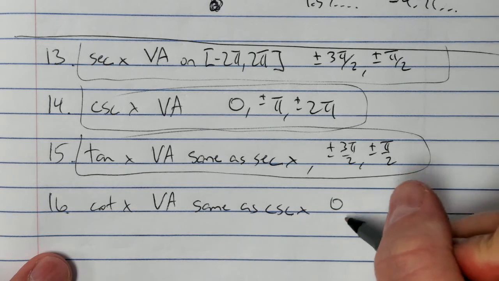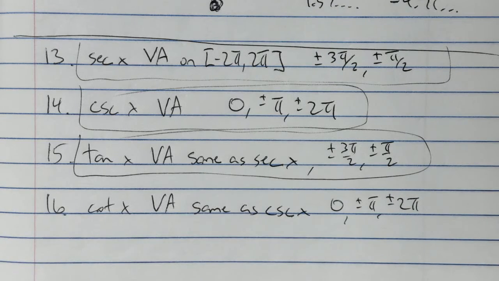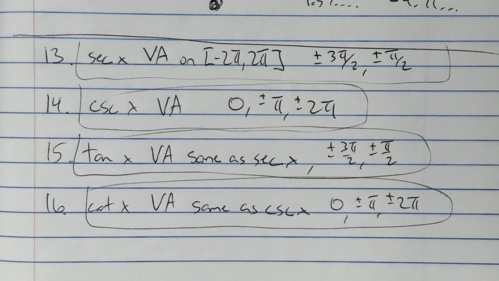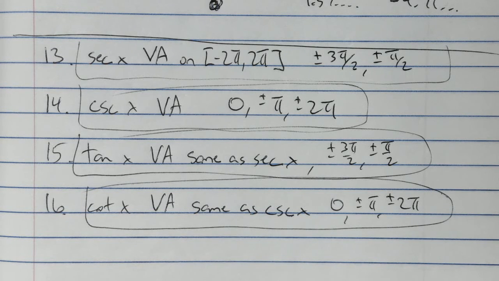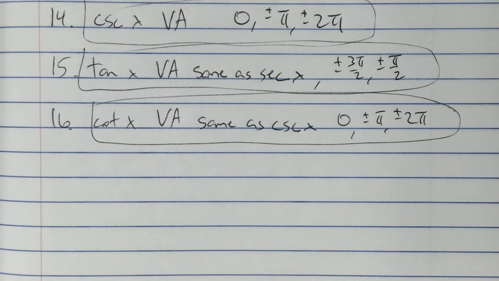So that's the 0, plus and minus pi, and plus and minus 2 pi. Cotangent is the same as cosecant.